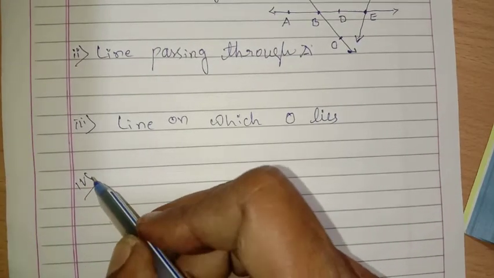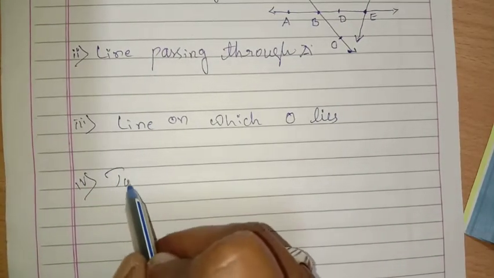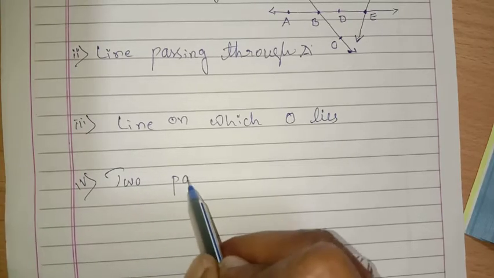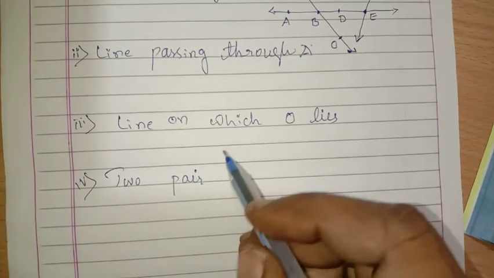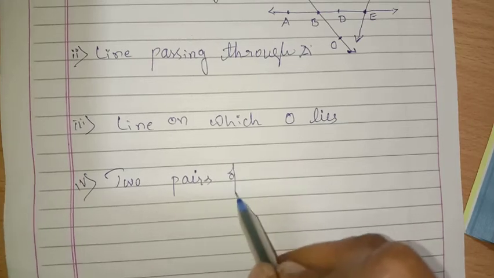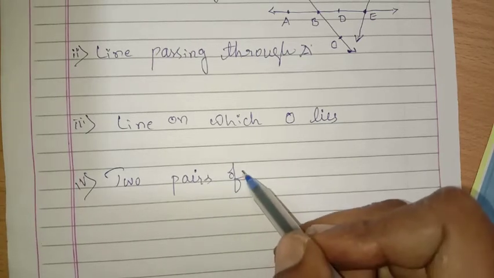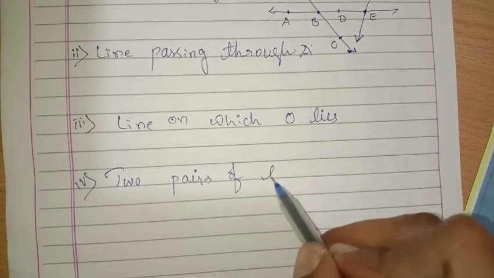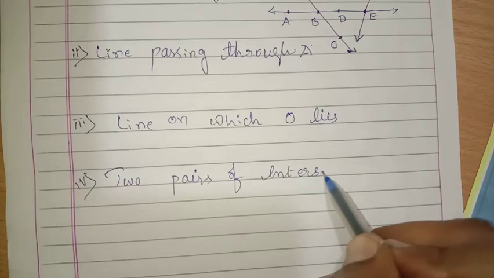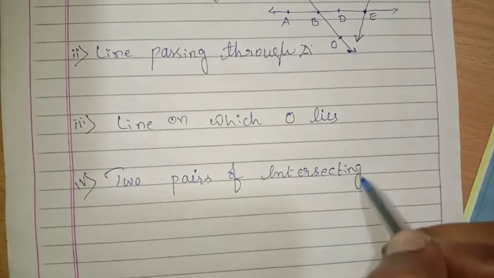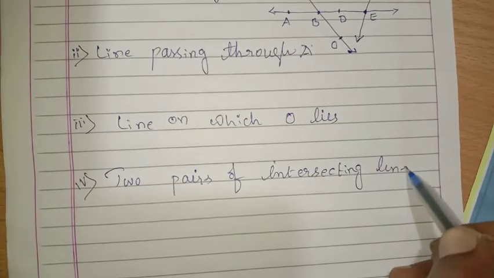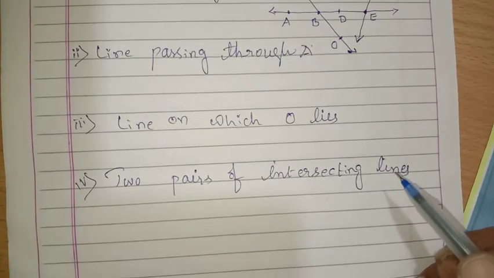Fourth one, two pairs of intersecting lines. Intersecting lines.